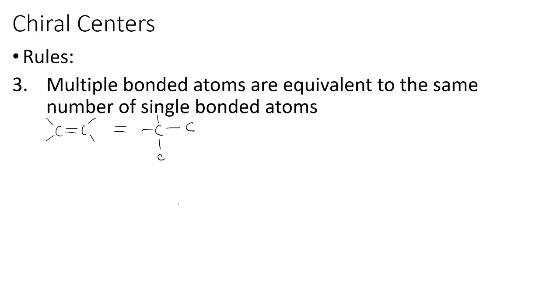So if we look at this in the context of a structure, in order to determine our different priorities, this is what it would look like. I know bromine's going to get priority number 1, and I know hydrogen's going to get priority number 4.